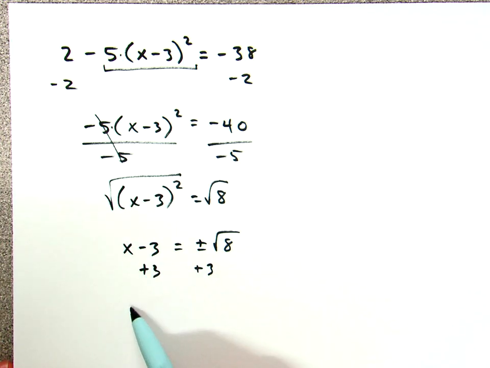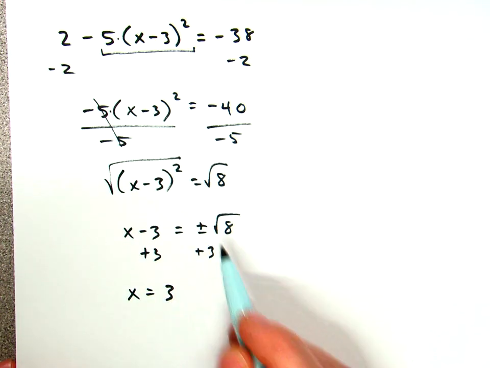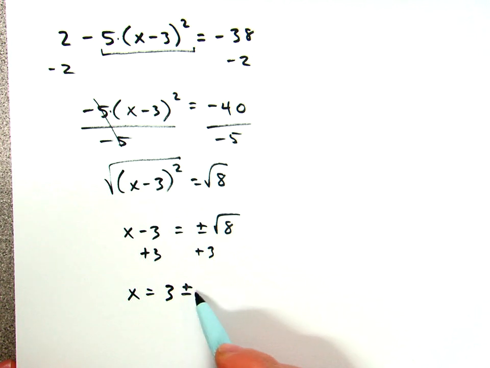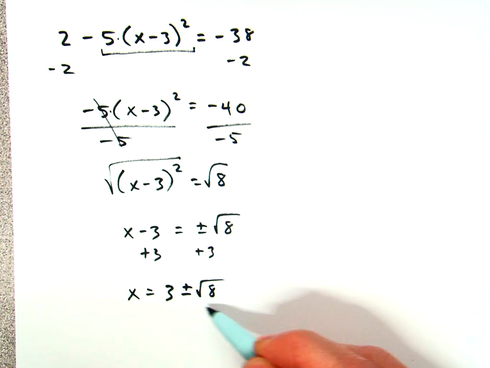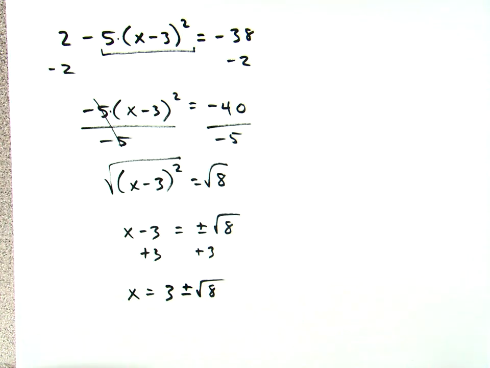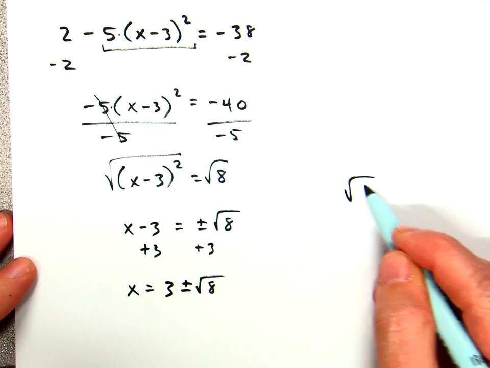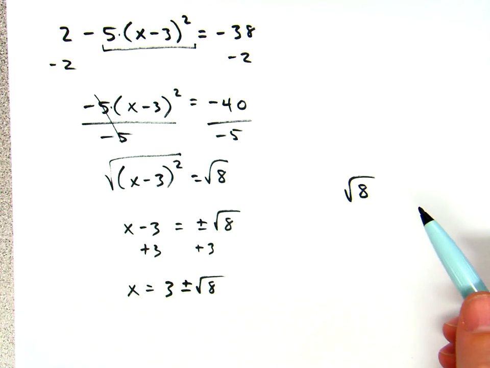And then we can try to get this x by itself by just adding the 3. So really, this is x equals, now I can't add roots and non-roots together, right? Can't add roots and non-roots, so this is the positive 3 that I just moved over, plus or minus square root of 8. Now, while square root of 8 isn't a perfect square, we may be able to reduce it, right?